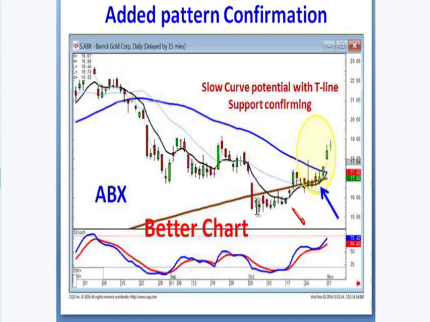The fact that when they hit the resistance level and they can't close below the T-line, even if you took profits in here, you can be buying here because that was good confirmation that the sellers could not take control.